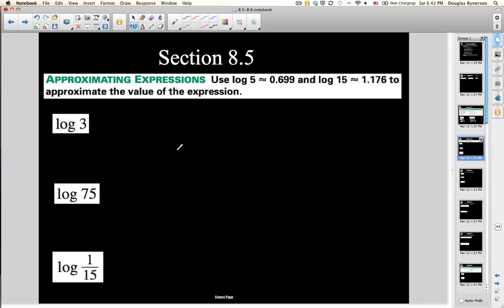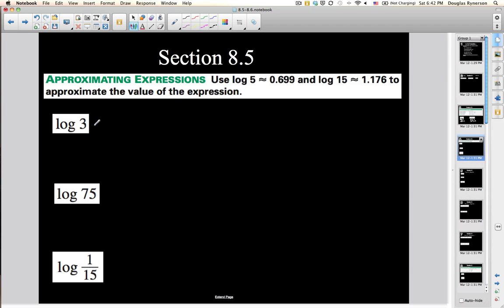Some part of your homework involves, again, testing your understanding of this idea by supplying you with values of logarithms and having you use those properties to try to simplify. So what you're looking at is, how can I make the object of the logarithm using the supplied items?